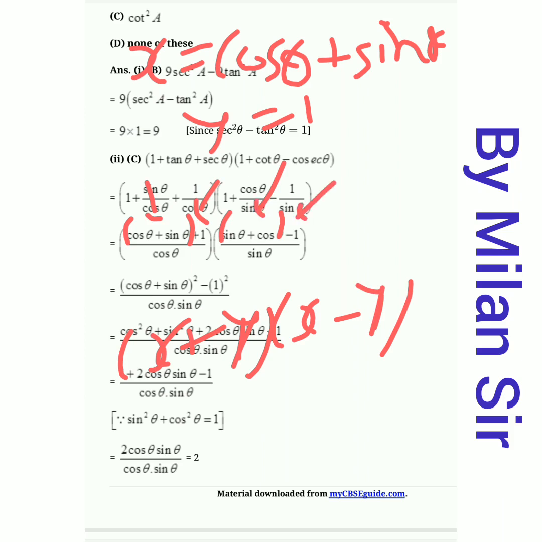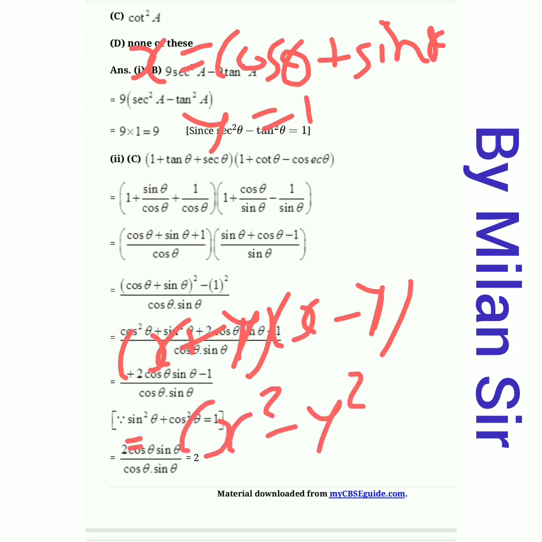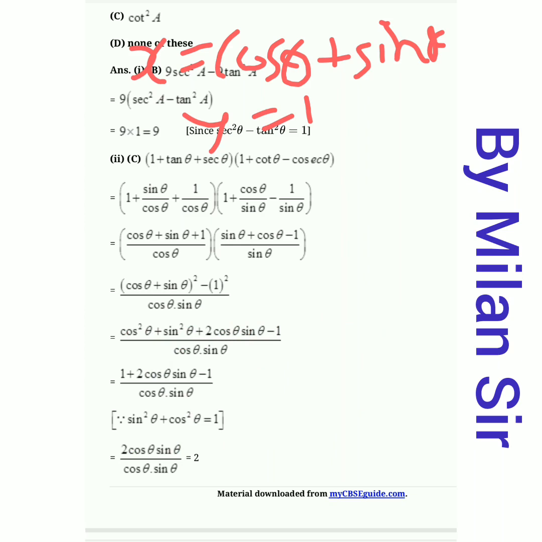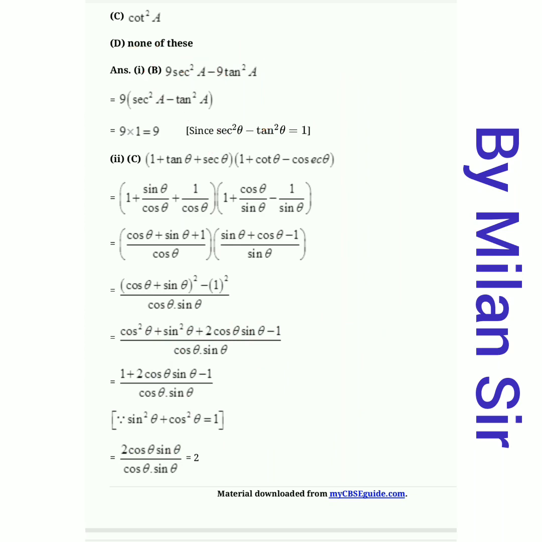So x plus 1, x minus 1 is the form of x plus y, x minus y, and answer of this is x square minus y square. That means first term square minus second term square. So what is our first term? It is our first bracket, cos theta plus sin theta, right? So cos theta plus sin theta all square means first term square, then negative sign, and second term square, second term is 1. So first term square minus second term square.